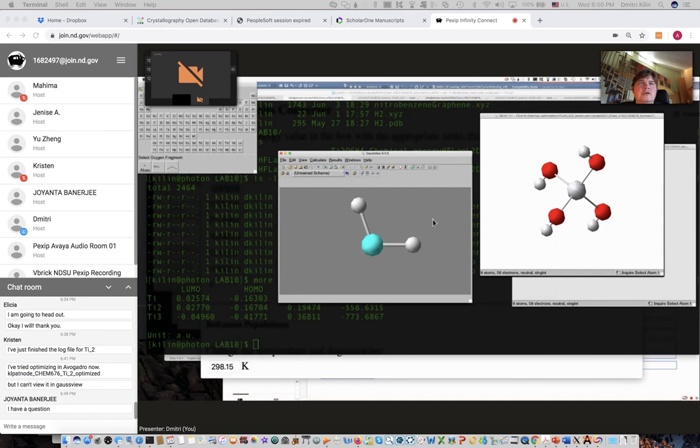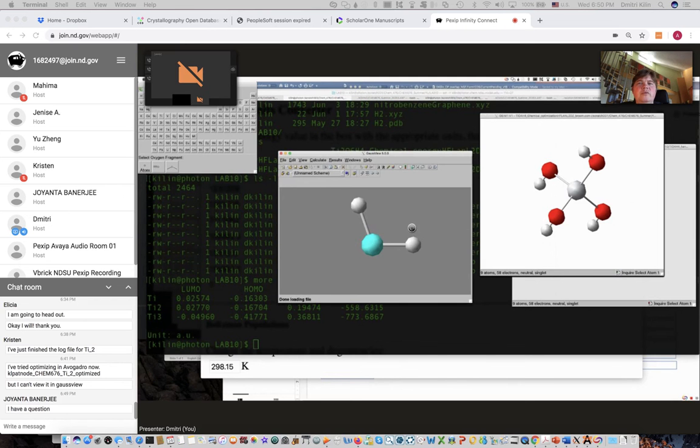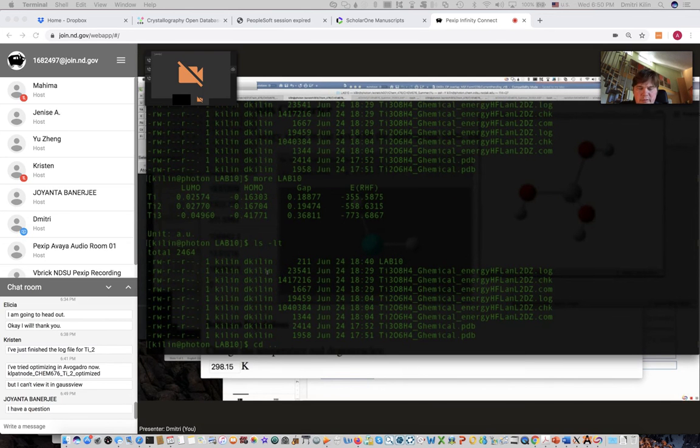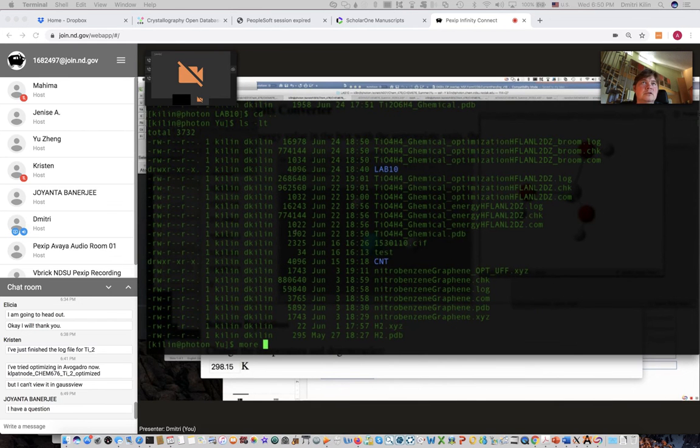And it should be done by now. So I'm going back to the command line, and exploring this log file from the broom.